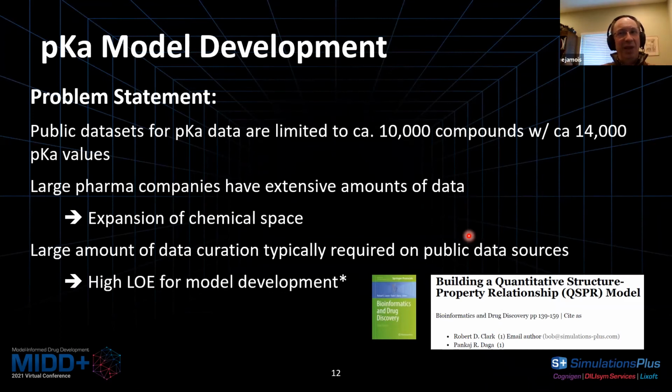We see everything is tying up here, but as Bob mentioned, when we deal with public data, there's a lot of curation work that needs to be done. So working with data that's been in these hands before really helps a lot in converging to good quality models fairly quickly.